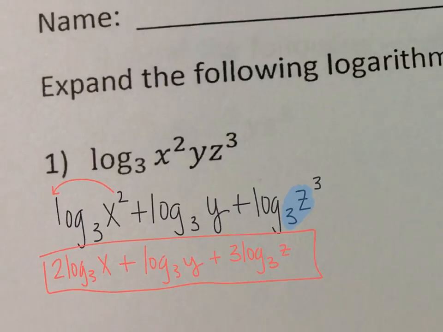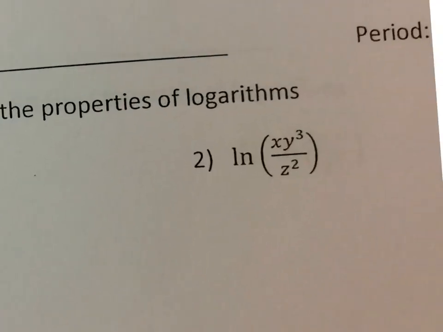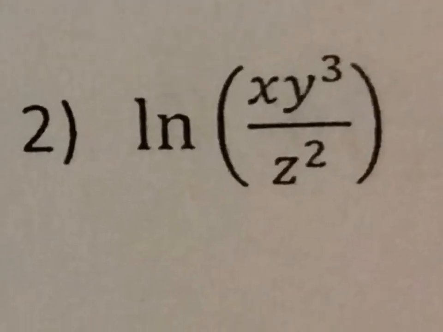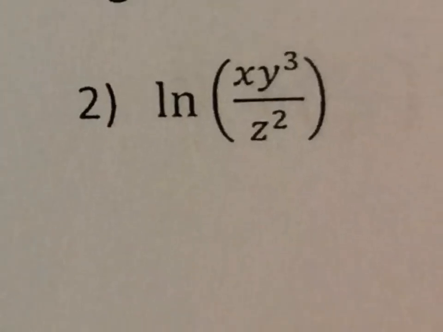Okay, problem 2. Ooh, what do we have in this problem? Division, so that means we're going to, yeah. What does that ln stand for? The log of base e, and it stands for natural log. So it's the ln of what's going to come first?